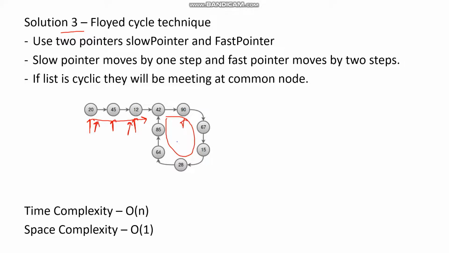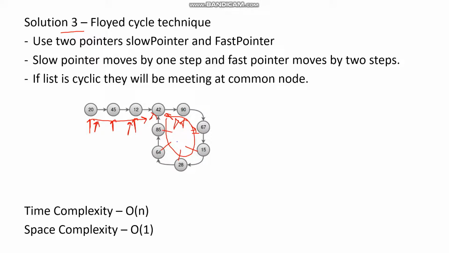Again the slow pointer moves one step, the fast pointer moves two steps, one, two. Again the slow pointer moves one step, the fast pointer moves two steps. Again the slow pointer moves one step, the fast pointer moves two steps.